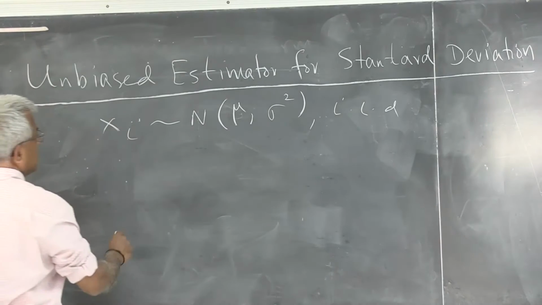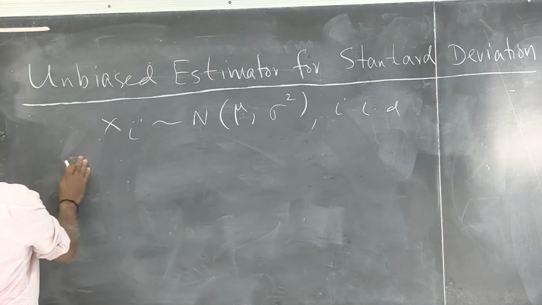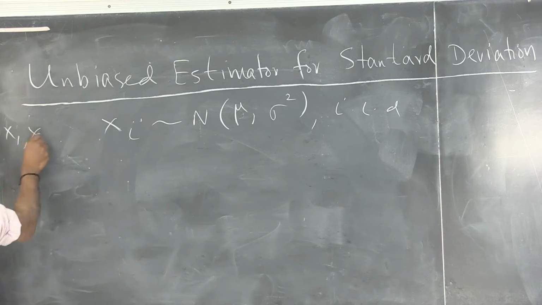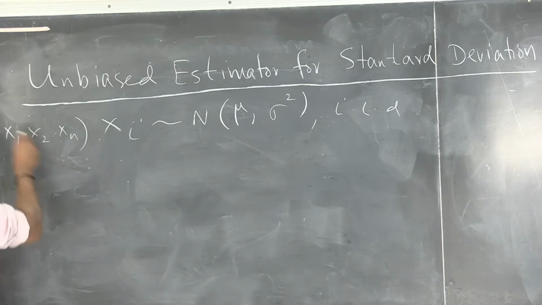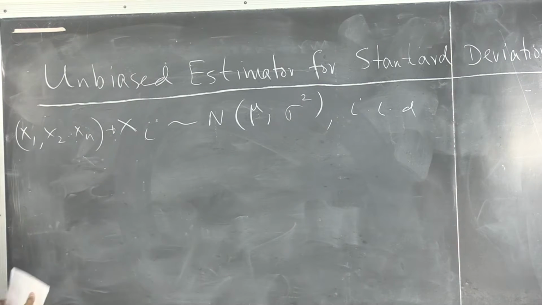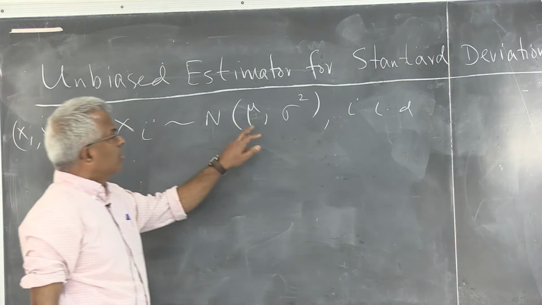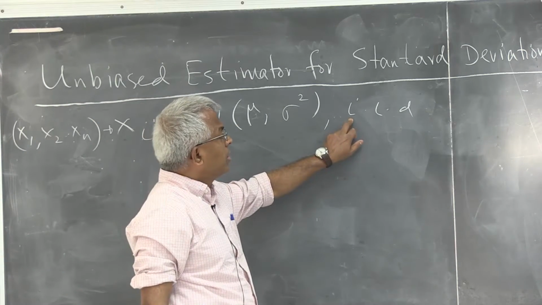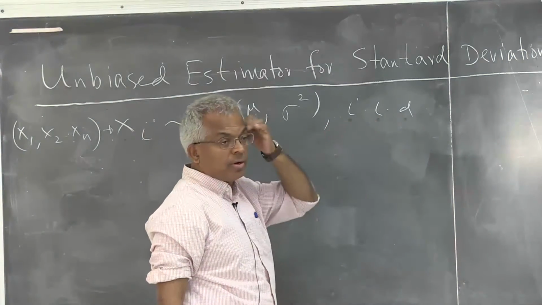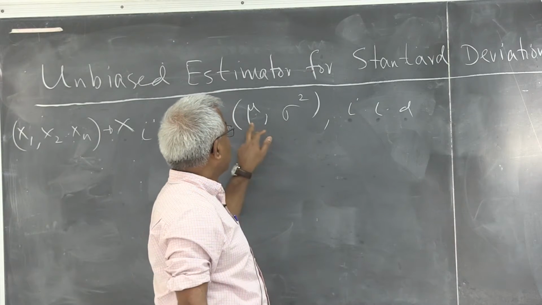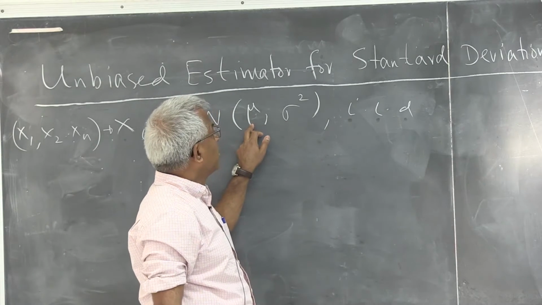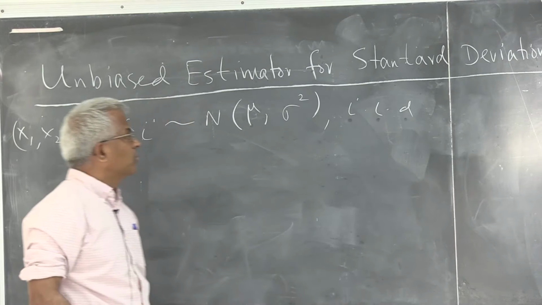So you have x1, x2, etc., xn, n observations. Each xi is independent, identically distributed random variables with a common mean mu and variance sigma squared.